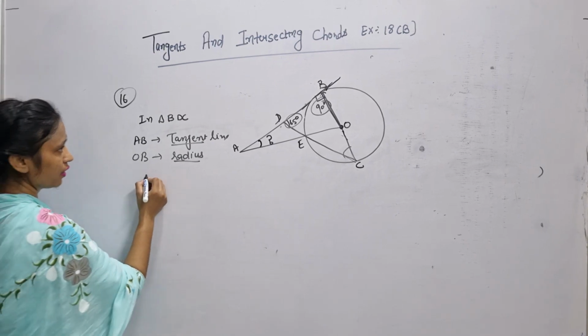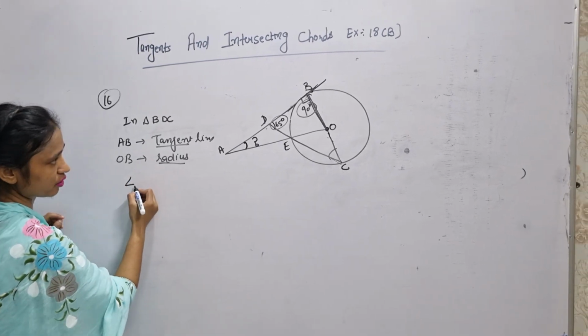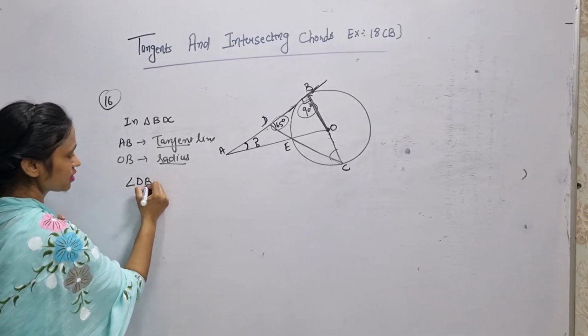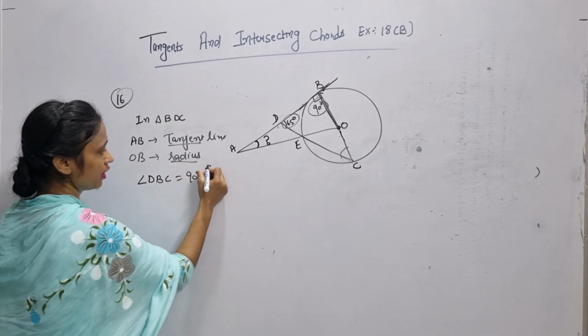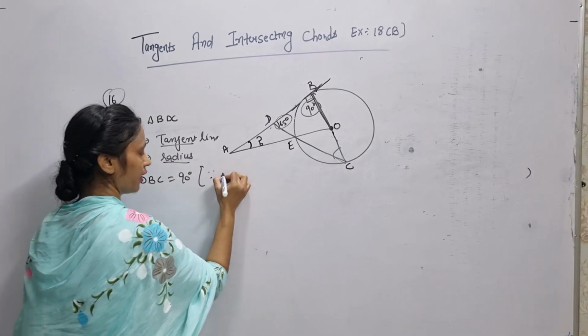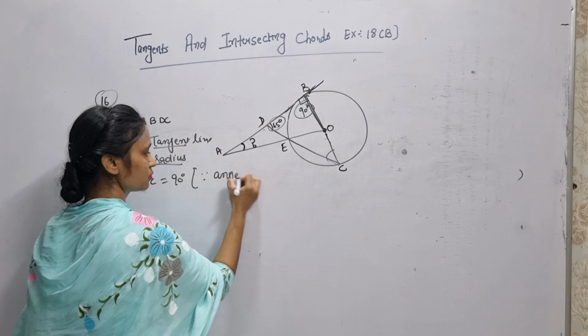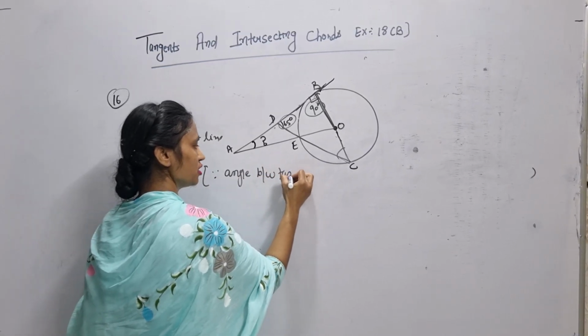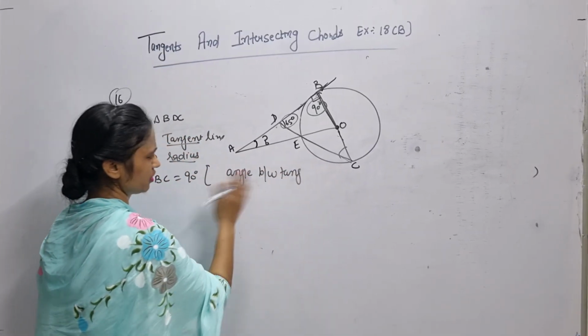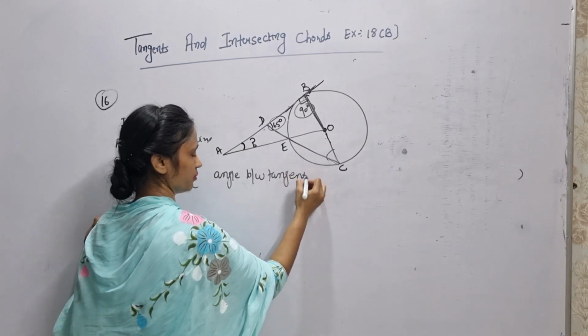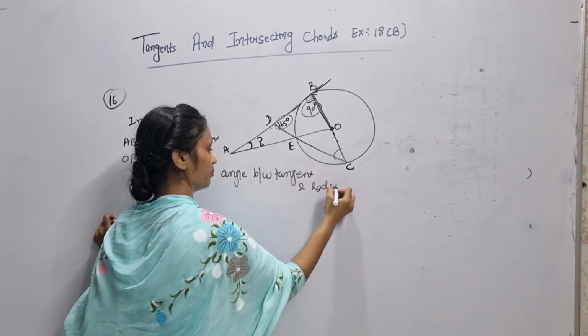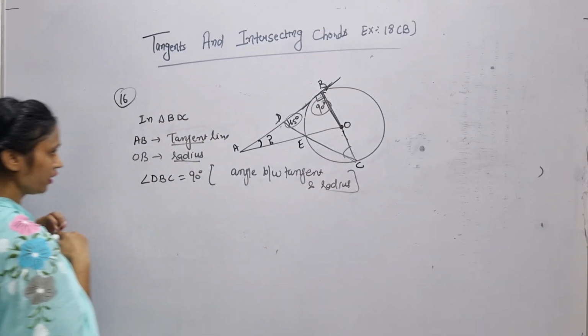So first write the reason for this. Angle DBC will be equal to 90 degrees, because the angle between the tangent and radius we know will be 90 degrees.